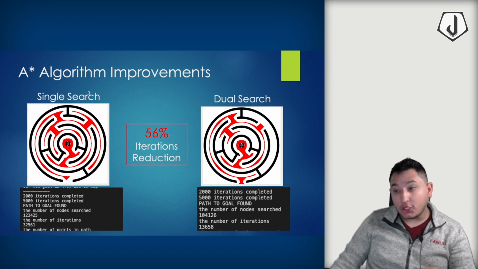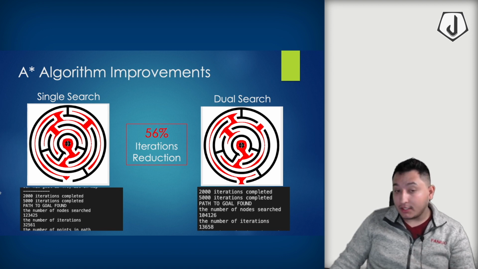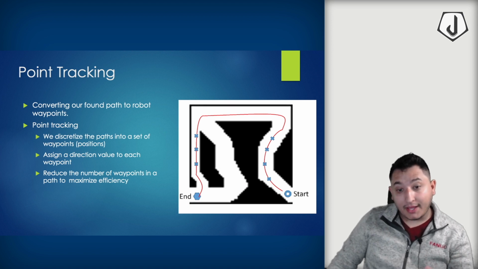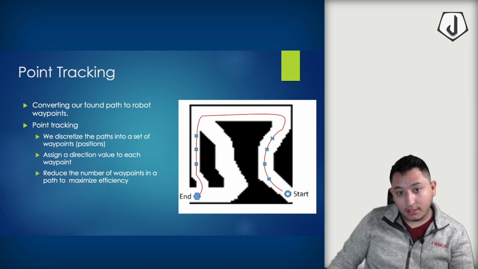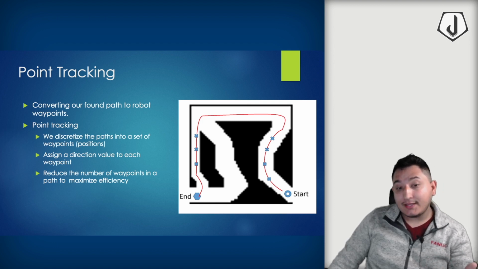This is a reduction of 56%. The lower the amount of iterations, the more efficient the programming is, and the faster the algorithm can execute the commands. Now that we've completed our A-star algorithm and we've identified a valid path, we will send that data to our path planner.